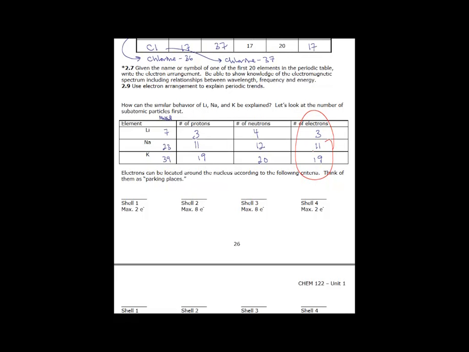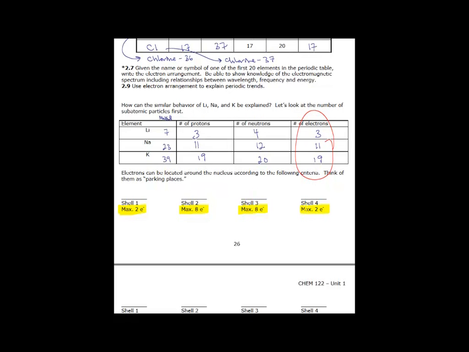So you can think about these parking places that electrons can be placed in around the nucleus. And in shell 1, you can park 2 electrons. So you have a max of 2 electrons in shell 1. In shell 2, you have a max of 8 electrons. In shell 3, you have a max of 8 electrons. In shell 4, a max of 2 electrons.